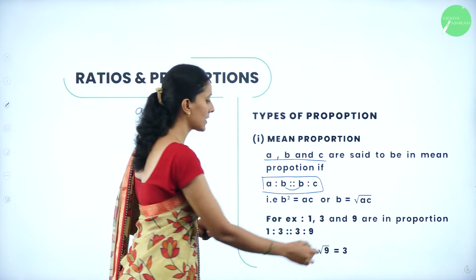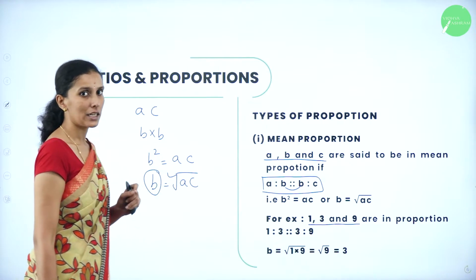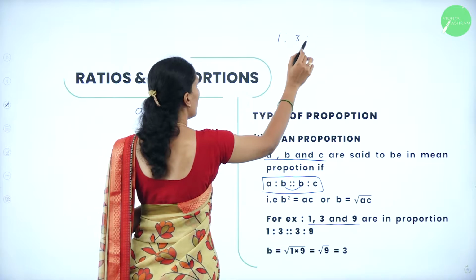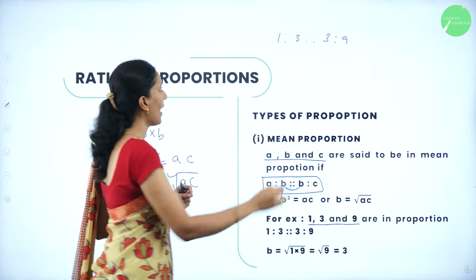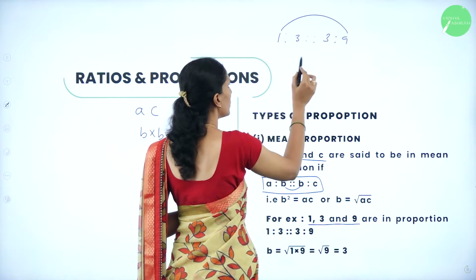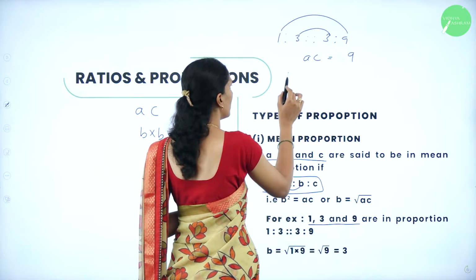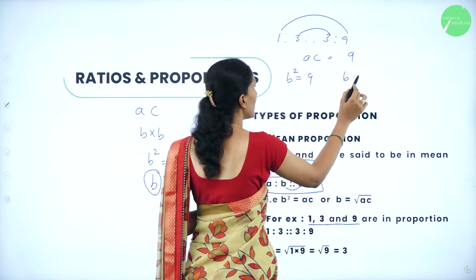I have taken an example of 1, 3, 9 here. So let us first write this in terms of mean proportion. How will we write? 1 is to 3 proportional to 3 is to 9. So what is the value of A into C here? A into C is 9. What is B square here? B square is also 9. But what is B? B is equal to 3.